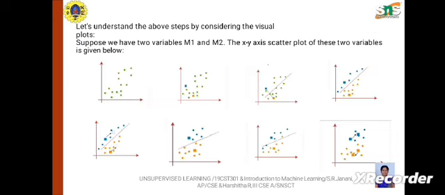The next thing, we are going to see a sum which describes two variables, m1 and m2, and also consists of an x and y axis scatter plot of these two variables, given below. Considering the diagram with n data points on an x and y axis as a scatter plot, we are going to split the data into two halves, m1 and m2.